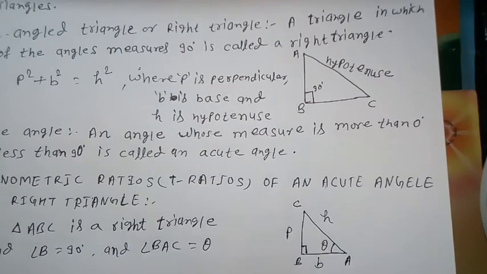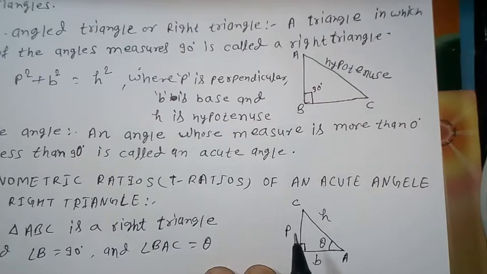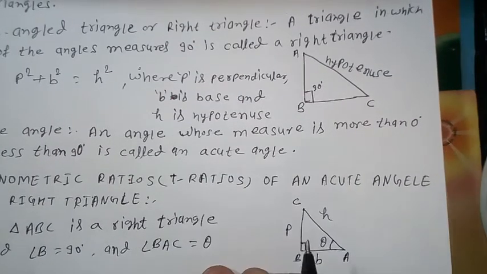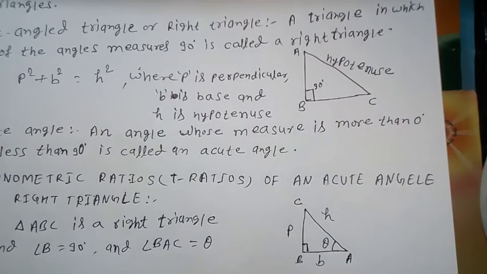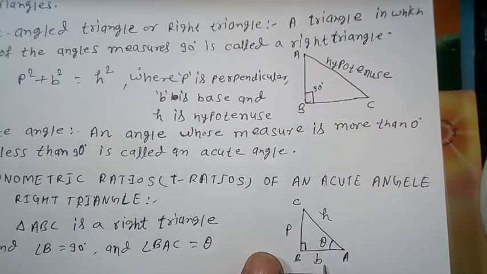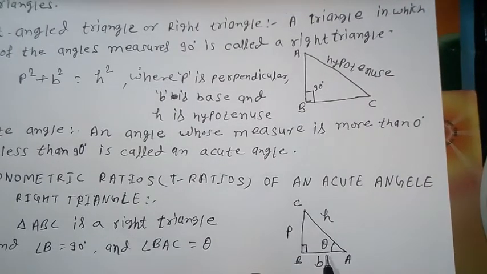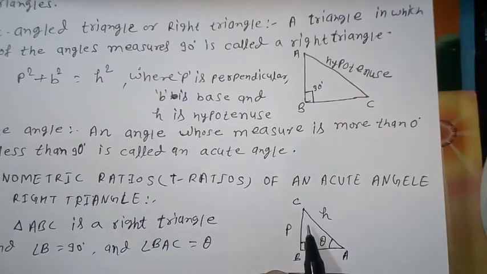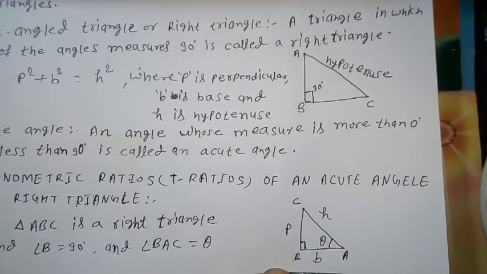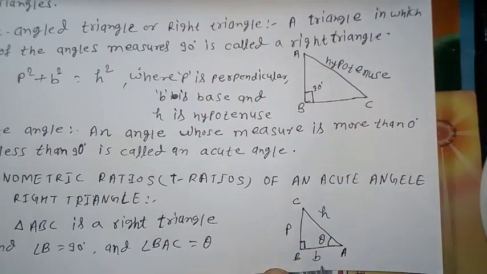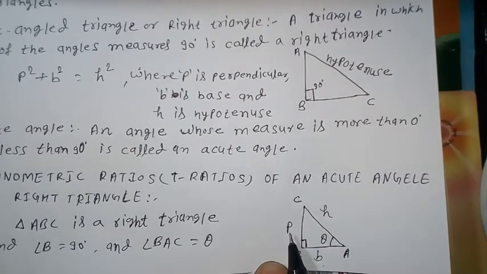In other words, the longest side of any right triangle is the hypotenuse. But perpendicular and base change according to theta. If theta is angle C, then opposite side of C is perpendicular and the other side is base.